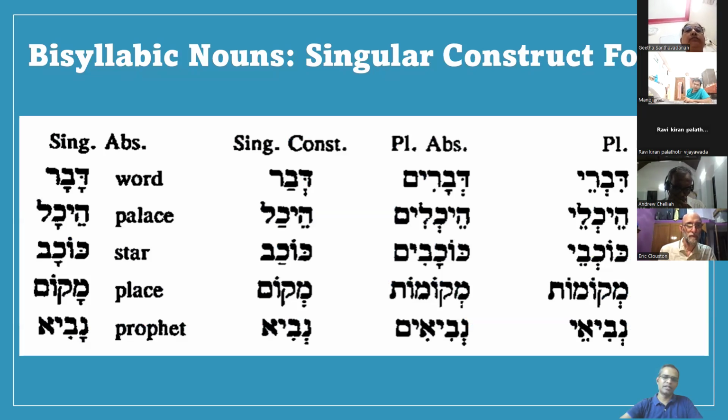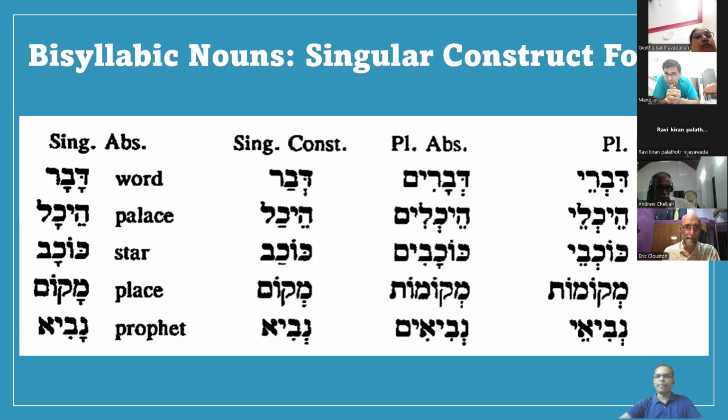Ekal has become Ekal in the construct state. In this case, the initial syllable is carrying an unchangeably long vowel. That's why it has not been reduced to simple vocal Shiva or any other Shivas. In the same way, Kokav, Makom, Mekom. Here we see that the initial consonant is kamats, which is reduced. So some sort of change will be there in order to indicate that it is in the construct state.